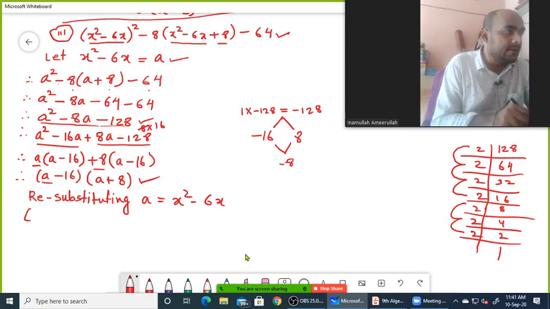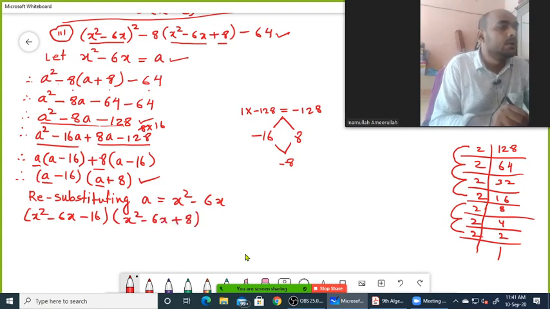This a can be replaced as x square minus 6x minus 16. In another bracket again we have a, so we can take x square minus 6x plus 8. So these are two more quadratic polynomials which we can solve to find the final factors of the original polynomial.